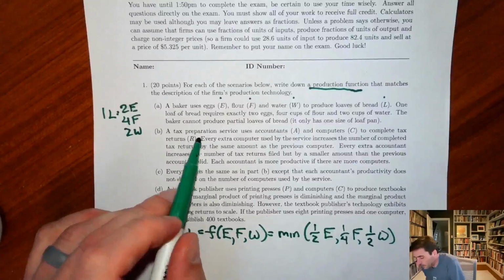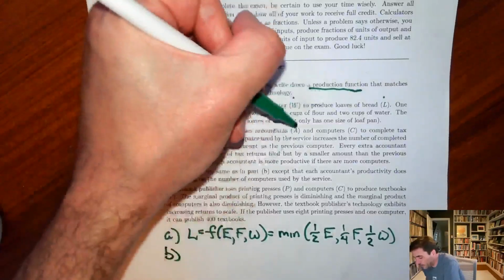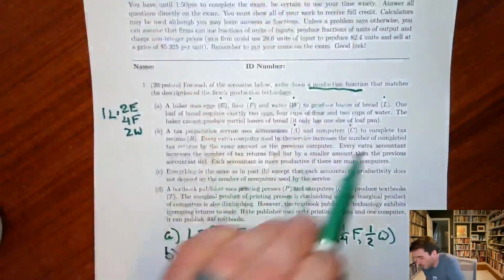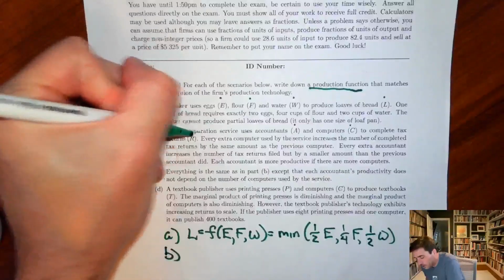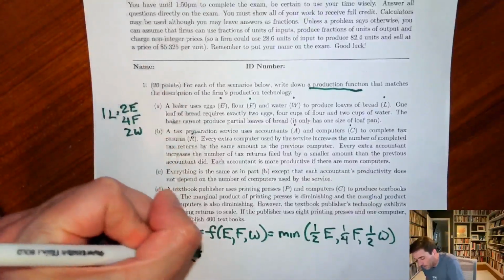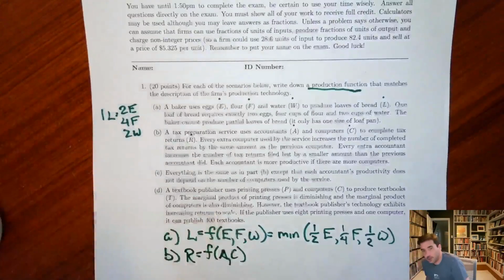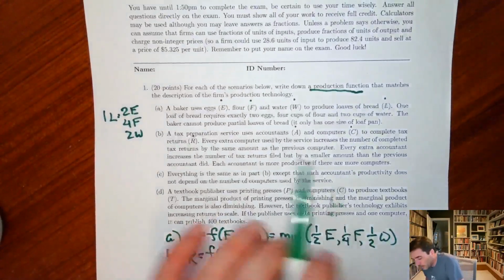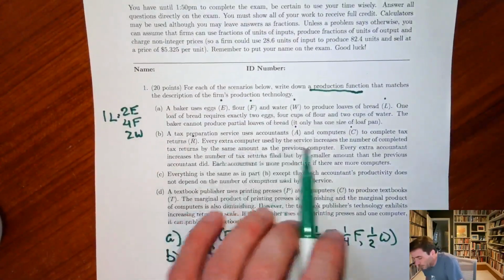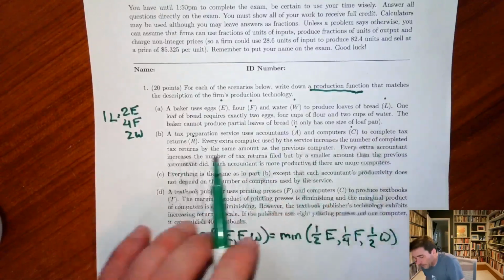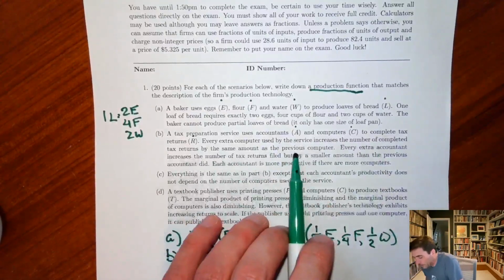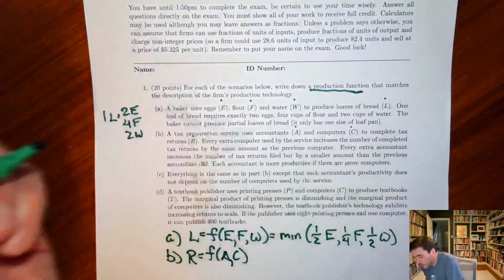The tax preparation service uses accountants and computers. So those are my inputs to complete tax returns R. So R is going to be a function of A and C, my 2 inputs. All right. Every extra computer used by the service increases the number of completed tax returns by the same amount as the previous computer. Okay, so what does that mean?